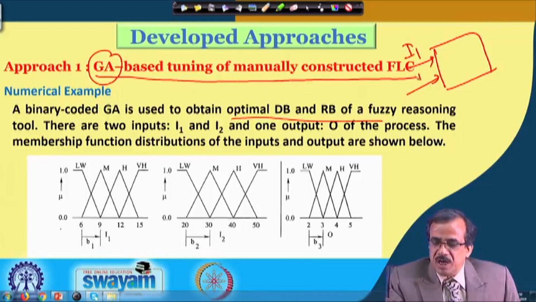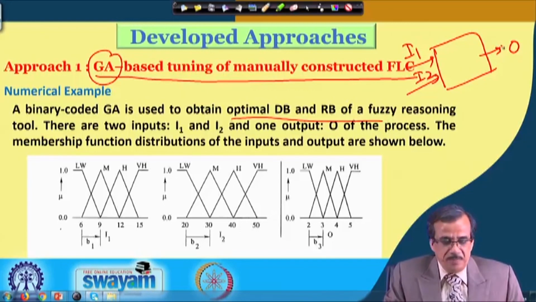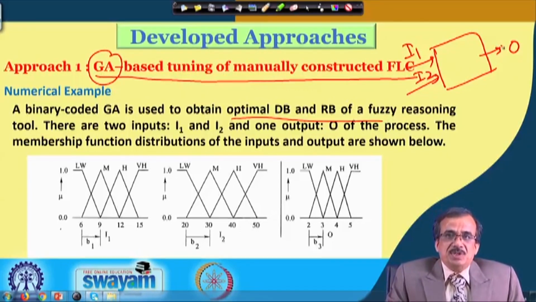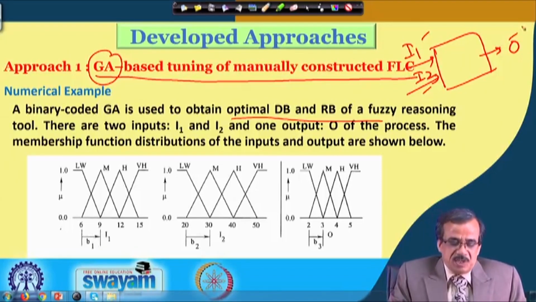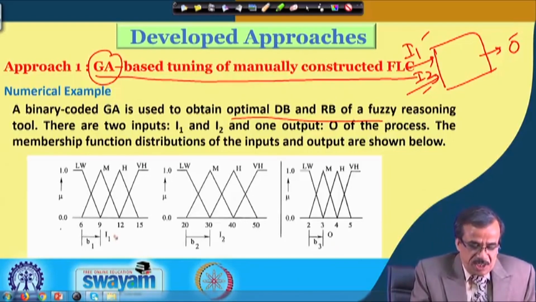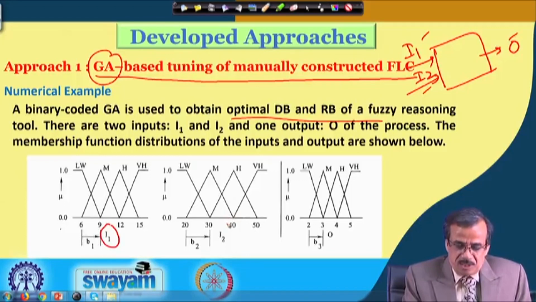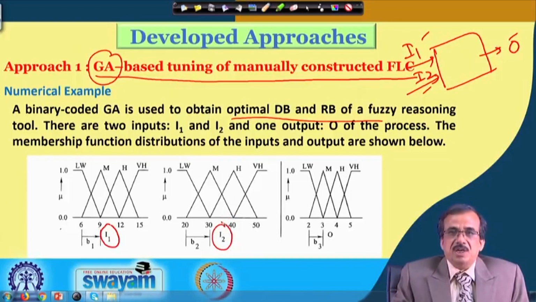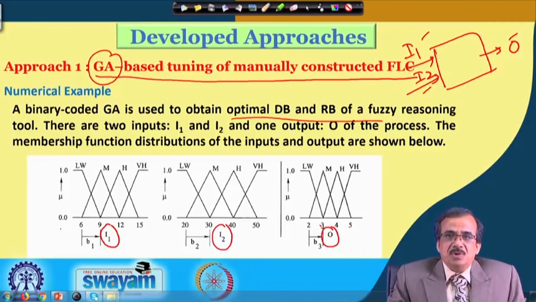The 2 inputs are I1 and I2, and we have one output denoted by O. The membership function distributions of the inputs I1 and I2 and the output O are assumed to be triangular in nature for simplicity. This shows the membership function distribution for the first input, I1, this shows it for the second input, I2, and this shows it for the output, O.